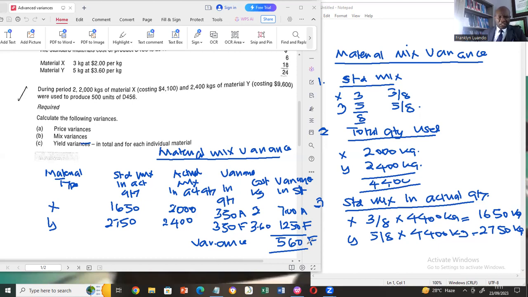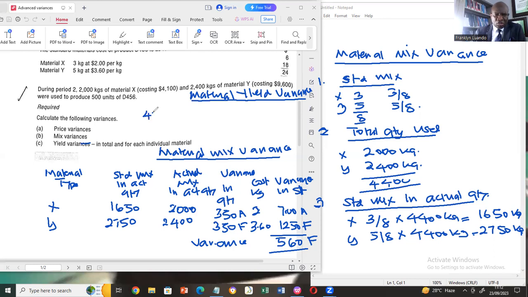Now we can calculate the material yield variance. We have the standard input.